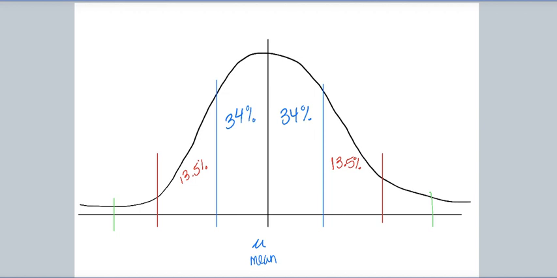Next, we have 2.35%. And last one. This one is one that I think a lot of my students forget about. They get mad, especially in Khan Academy, because they get it wrong. This one in the middle here is 0.15%.